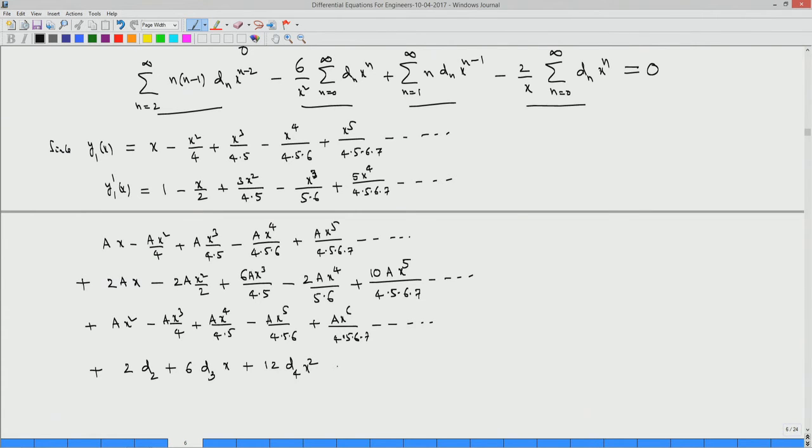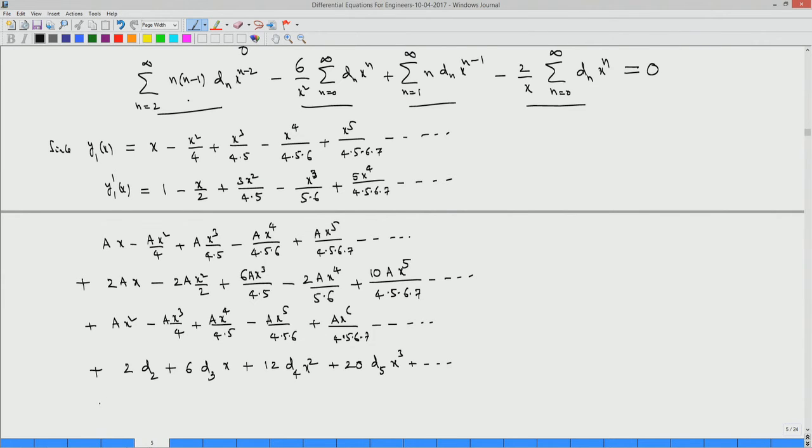So I will write 4 terms. Then n equal to 5 will give me 20 d5 x cube and so on. If required, you can add it later here. Okay, so that is this term, this series.